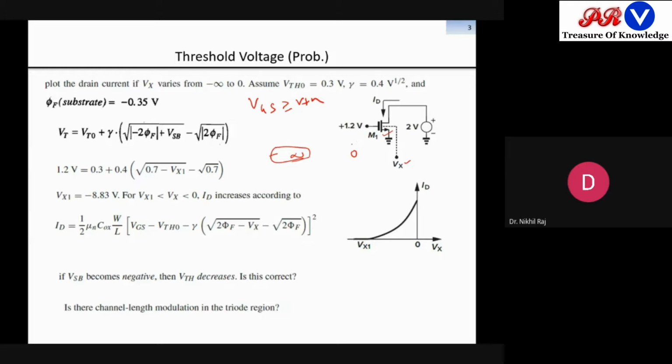And here, my VGS is nothing but VG minus VS. VS is 0, VG is 1.2. I can say my effective VGS is fixed at 1.2 volt.